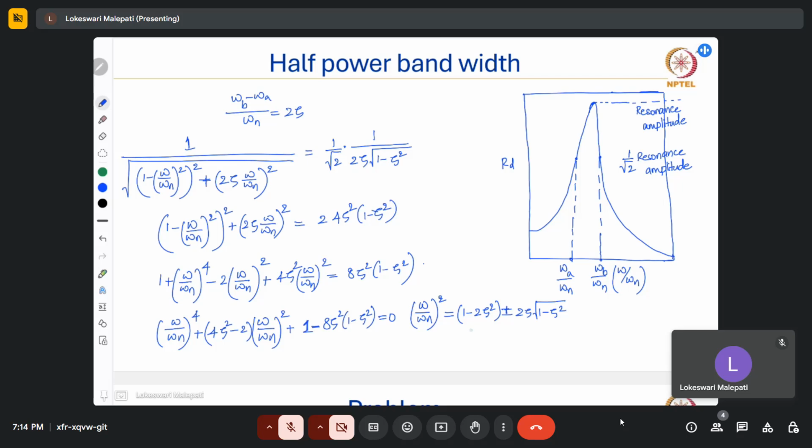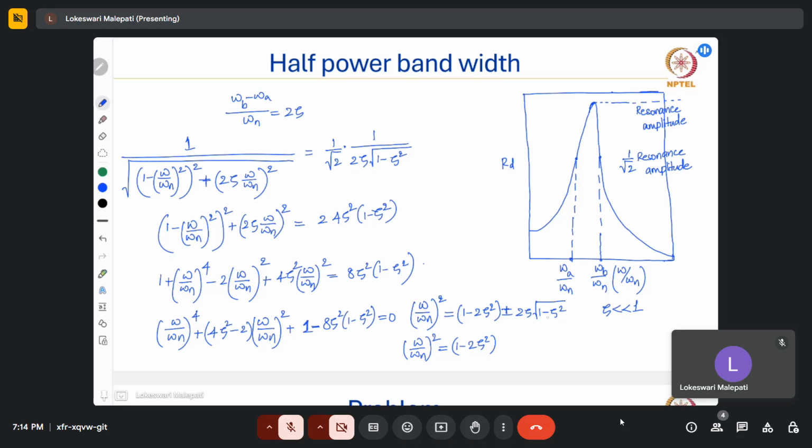These two roots must correspond to these two frequency ratios. And also for smaller damping ratios, zeta much lesser than 1, (omega by omega n) the whole square can be approximated as 1 minus 2 zeta square.